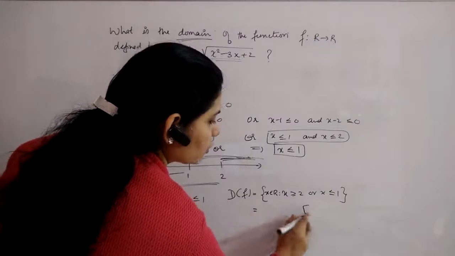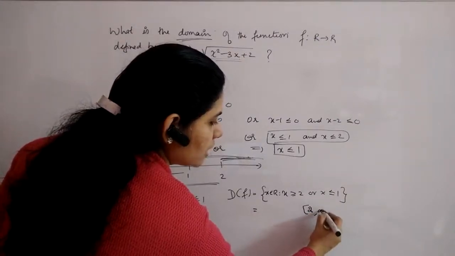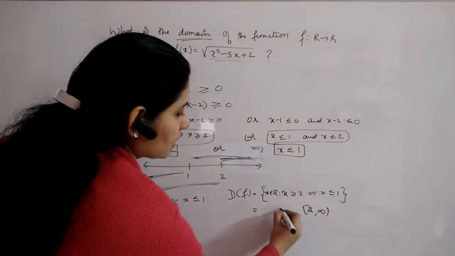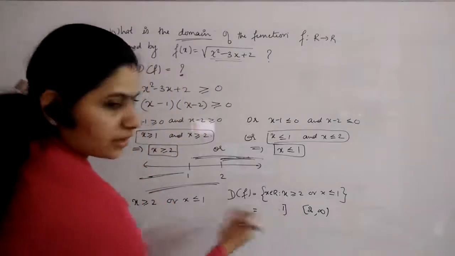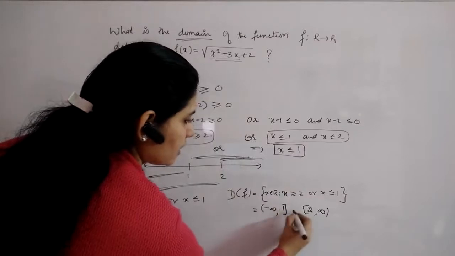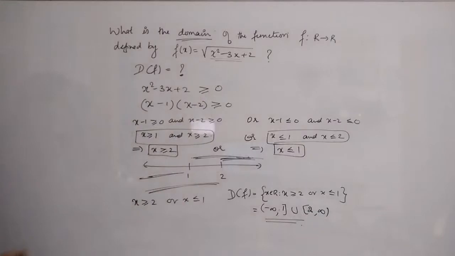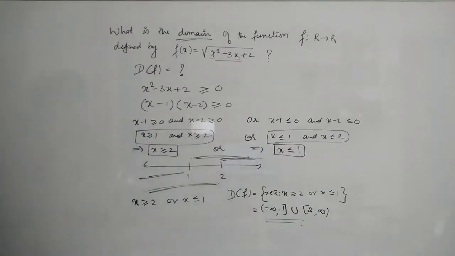So I can write it in the real number system as closed interval 2 to infinity, and less than or equal to 1 means closed interval from minus infinity to 1. So union of these two is the domain of f: minus infinity to 1 union 2 to infinity, where 2 is also included, so that will give you the domain of the function.